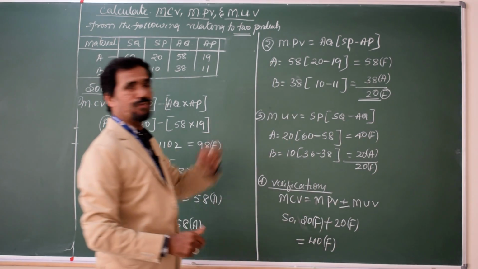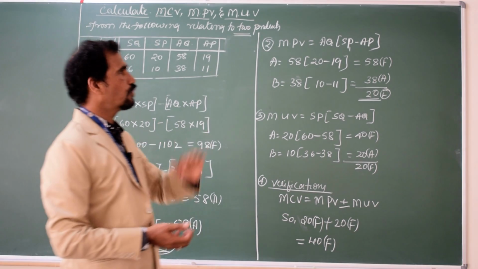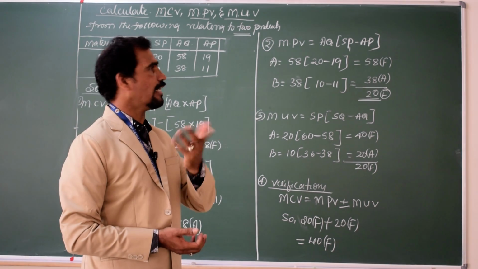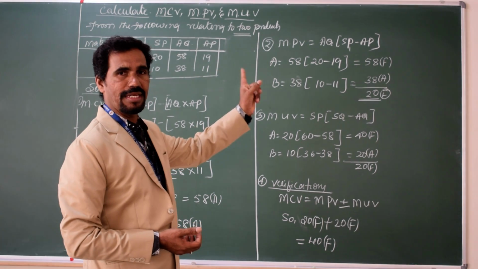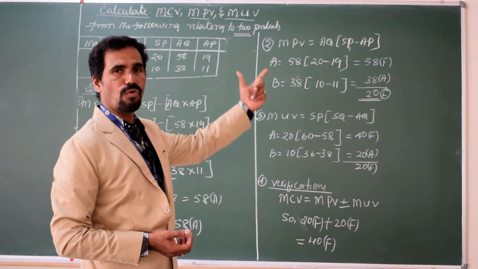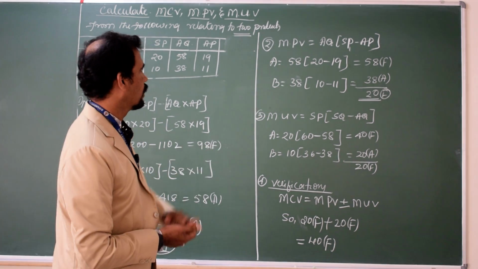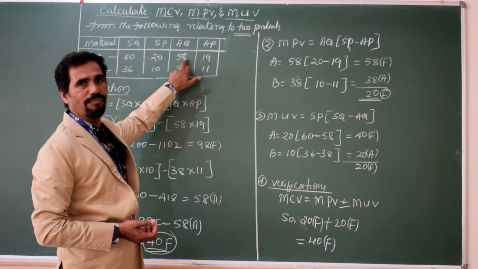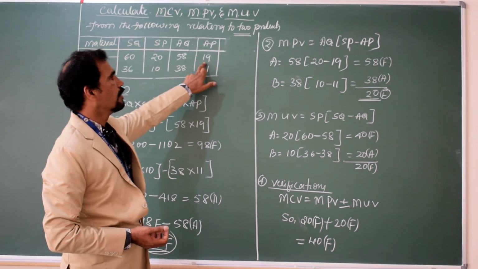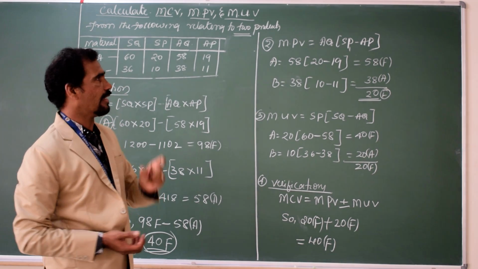Material price variance equals actual quantity into standard price minus actual price. The actual quantity is given, material A 58. 58 into standard price minus actual price.